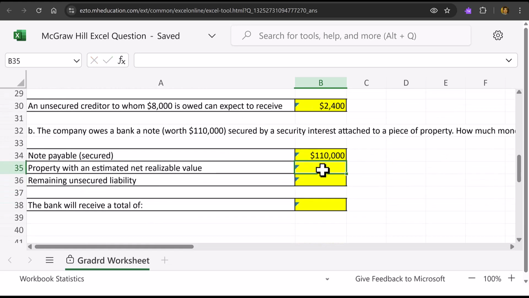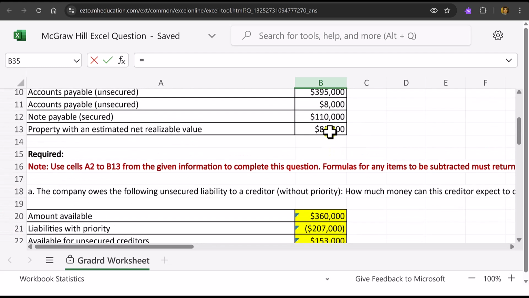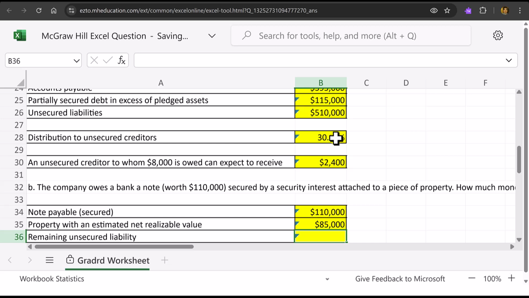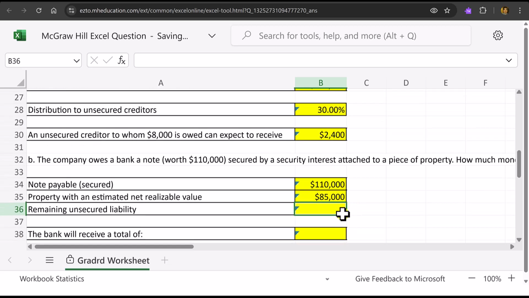I want to make sure I'm entering it as either positive or negative. I don't see enter negative, yeah, so it's going to be positive here. That 85, and then the difference still needs to be paid off. So I'll take the difference. See, I can't do that in my head.